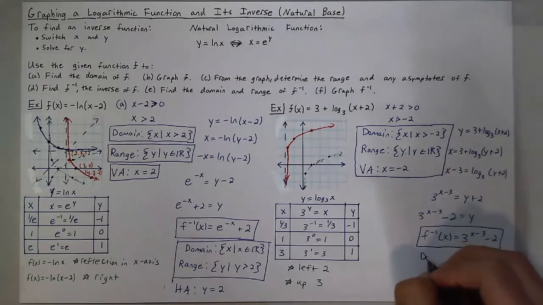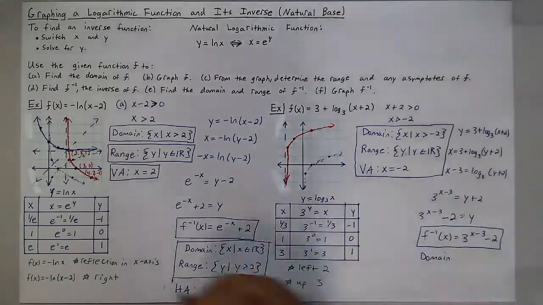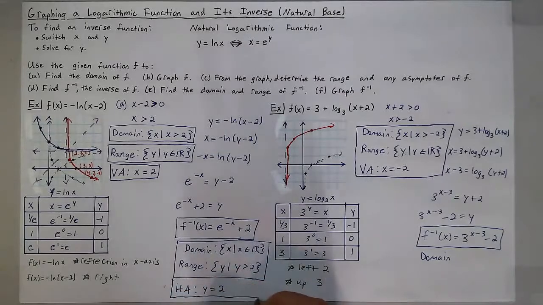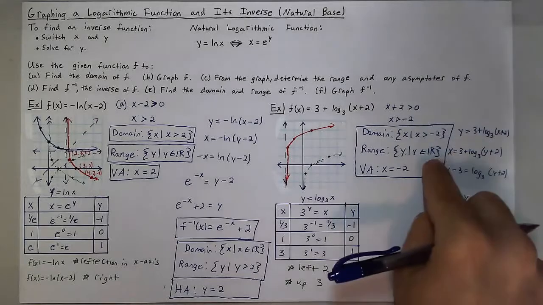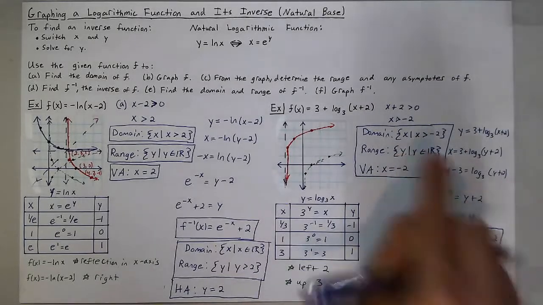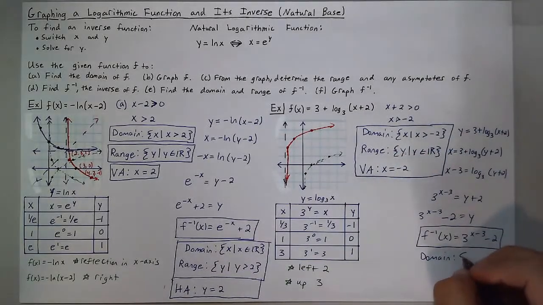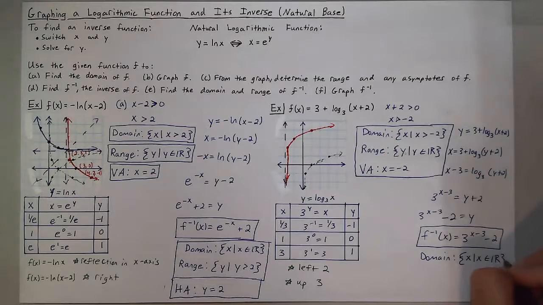Its domain, we forgot to box in the horizontal asymptote there. Its domain, if I'm switching x and y, will be all real numbers. Since the range of the original function is all real numbers, the domain should be all real numbers. So all numbers x such that x is in the real numbers.